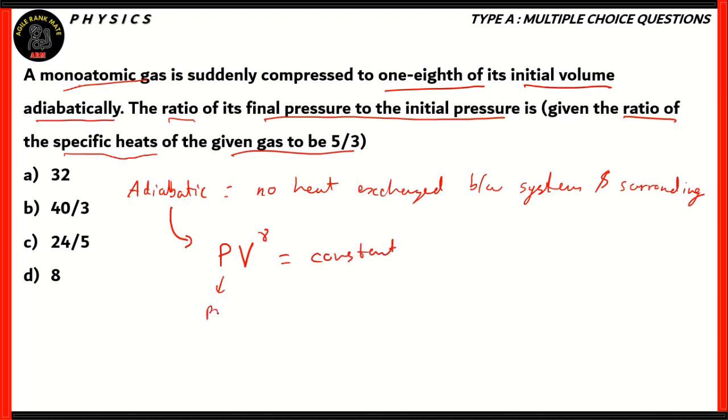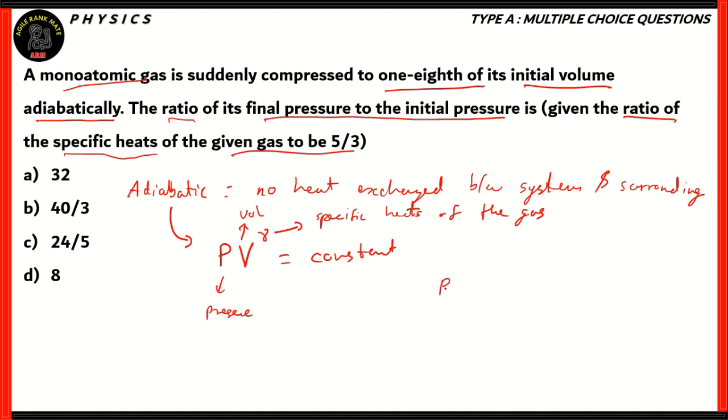So basically P stands for pressure, V stands for volume, and this power here stands for the specific heat ratio of the gas. So PV raised to nu is a constant in an adiabatic process.